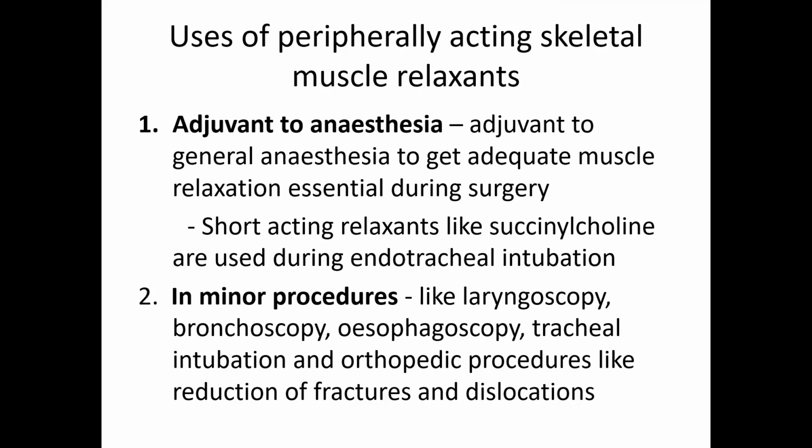And they can be used alone in minor procedures like laryngoscopy, bronchoscopy, esophagoscopy, tracheal intubation, and orthopedic procedures like reduction of fractures and dislocations. They are used as adjuvant with general anesthetics, and they can be used alone for minor procedures.